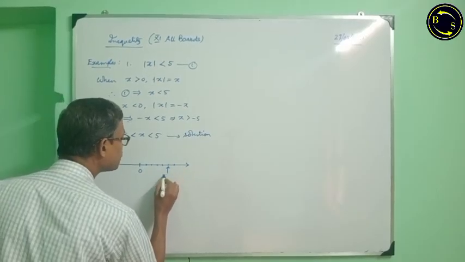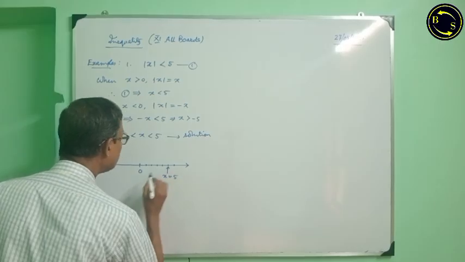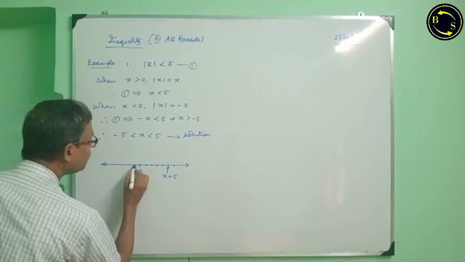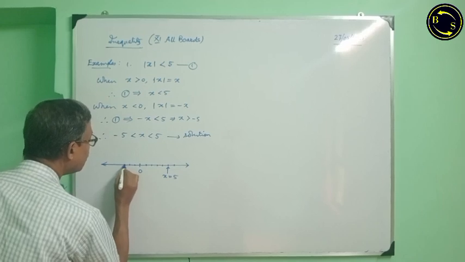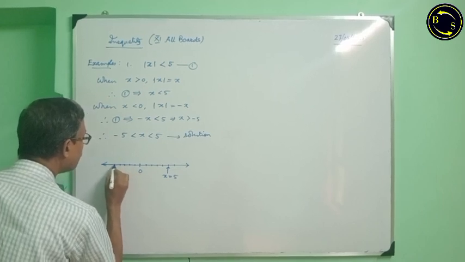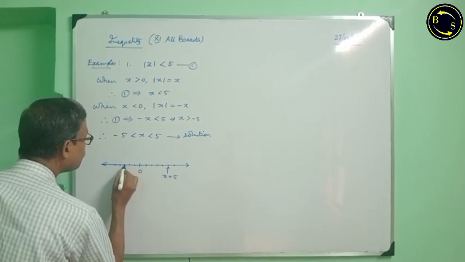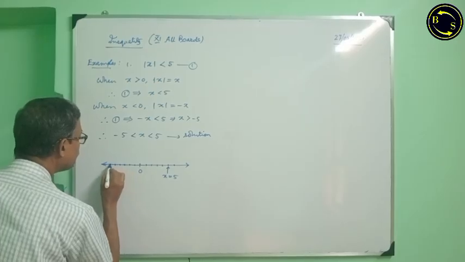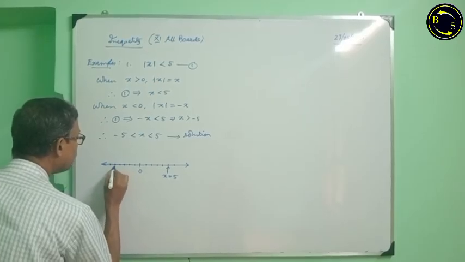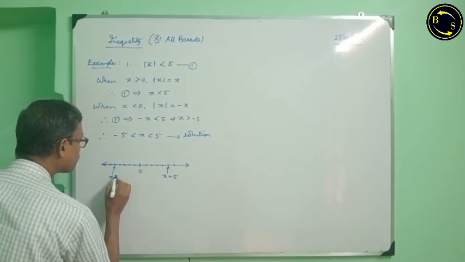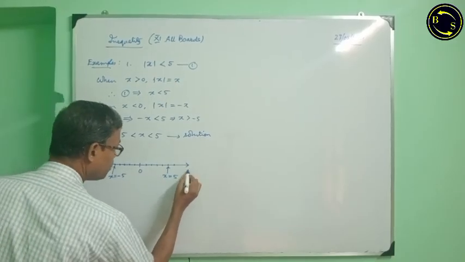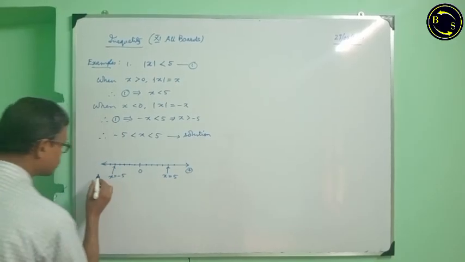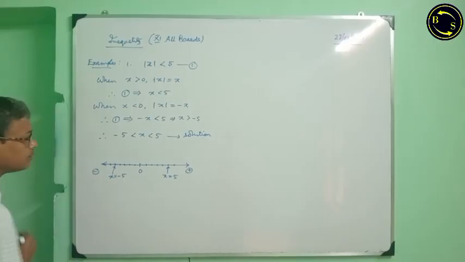This point represents x equal to 5 on the right side. This point represents x equal to minus 5. Plus side, this is minus side.